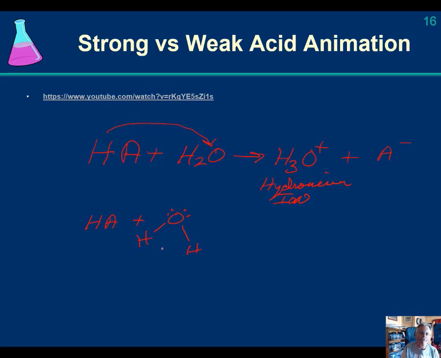Remember, this is a very polar molecule. This end of the molecule is partially negative. This end of the molecule is partially positive. The acid is also a very polar molecule, and the positive charge is here, the negative charge is over here.